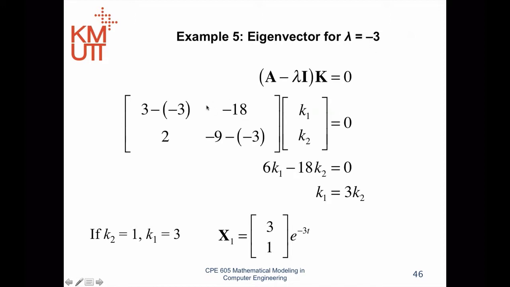Putting minus 3 here, we have 6 k1 minus 18 k2 equals 0, which is k1 equals 3 k2. So if we set k2 to 1, then k1 would be 3, which will make us have x1 equals (3, 1) e to the minus 3t.